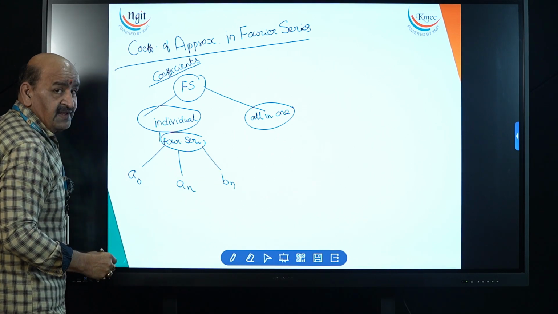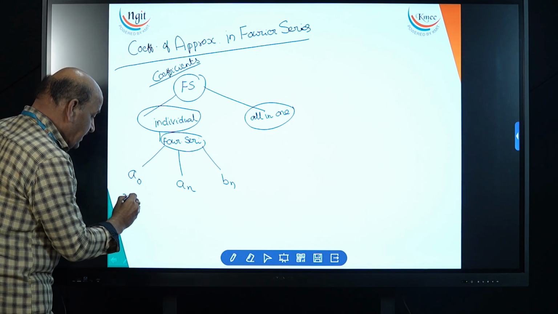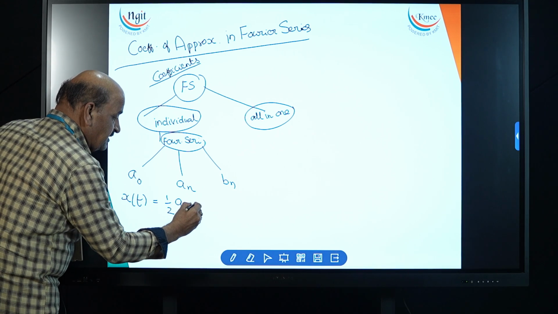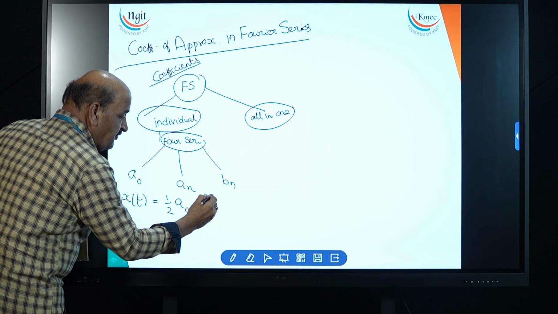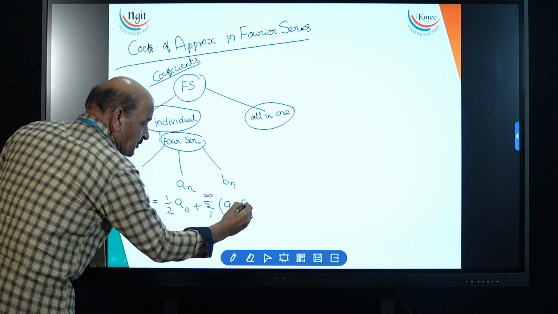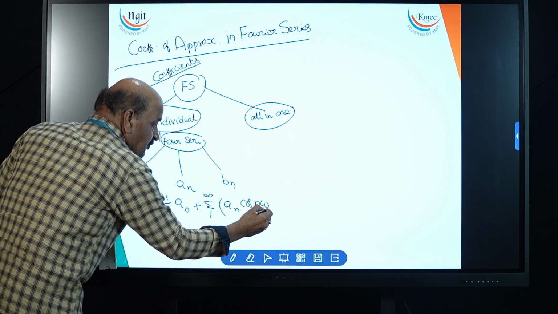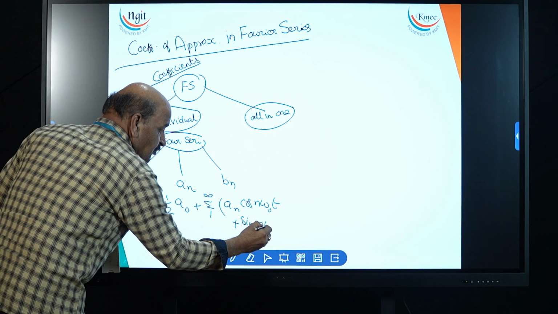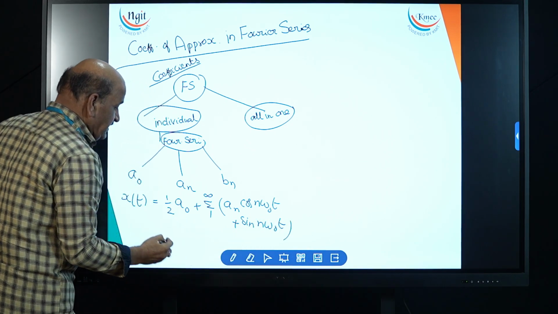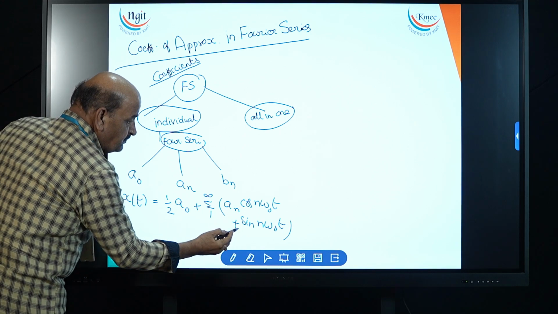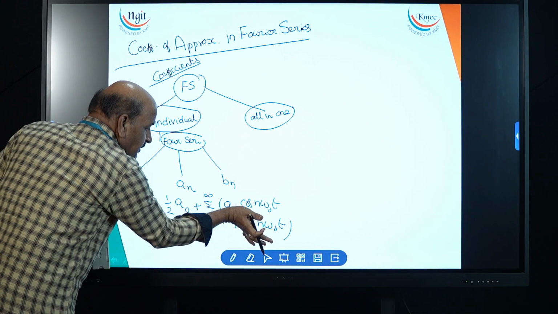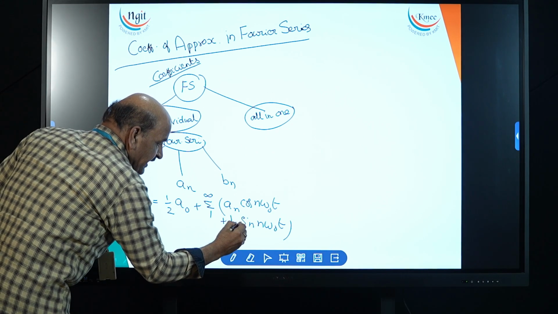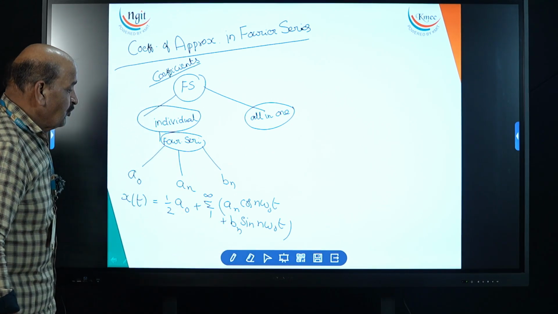Three coefficients are there because the given signal x of t can be written as 1 by 2 A0 plus summation n from 1 to infinity of An cos n omega naught t plus Bn sin n omega naught t.